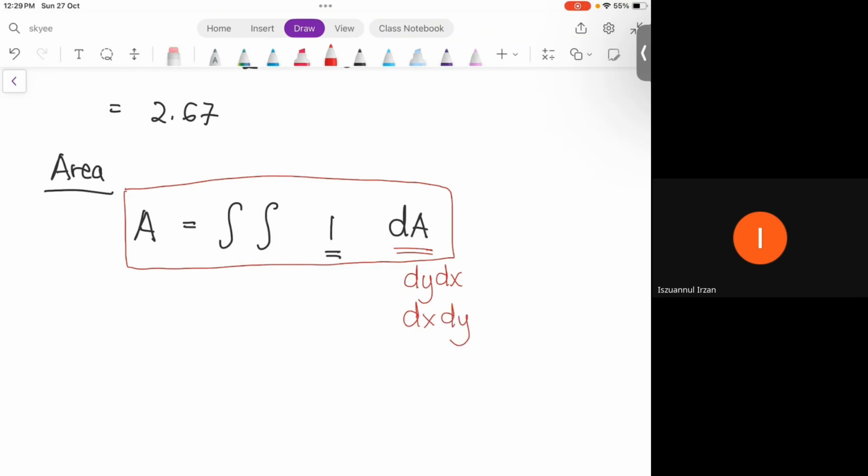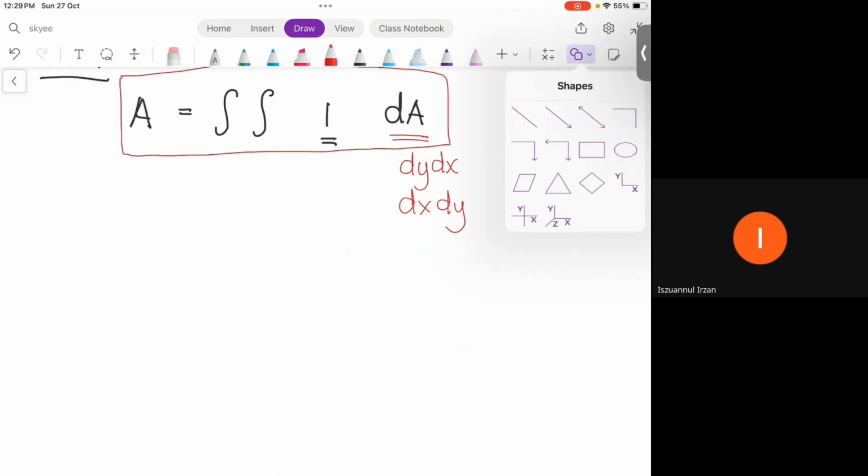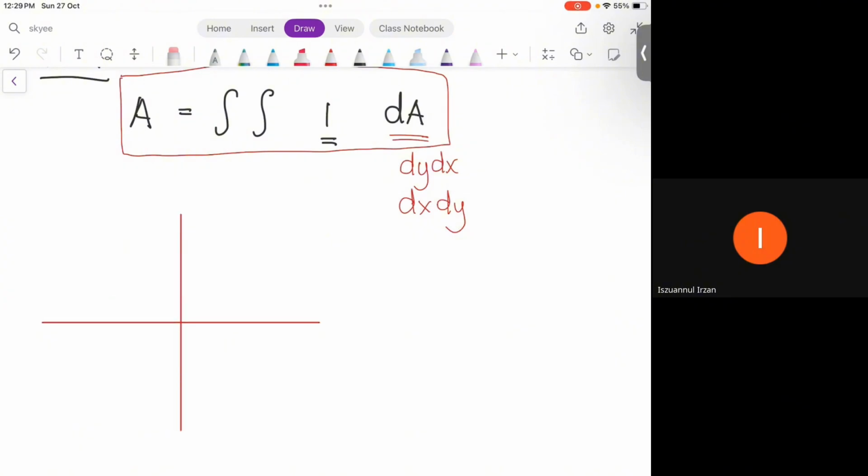For the same question, if I want to find the area of a triangle, the conventional technique is to use the formula 1/2 multiplied by the base and multiplied by the height. This is how you find the area of a triangle, so it equals 2.